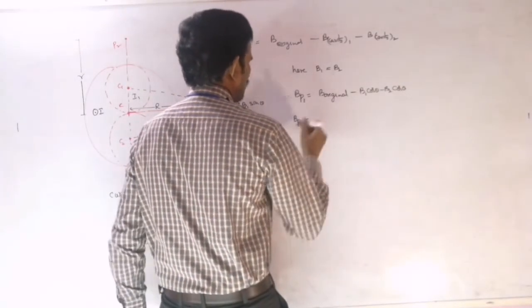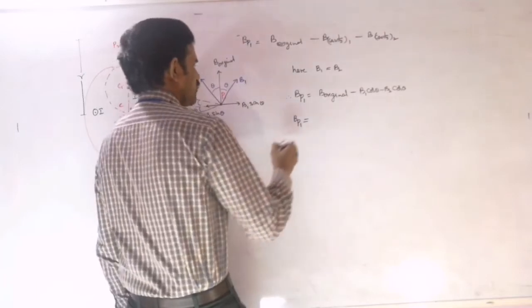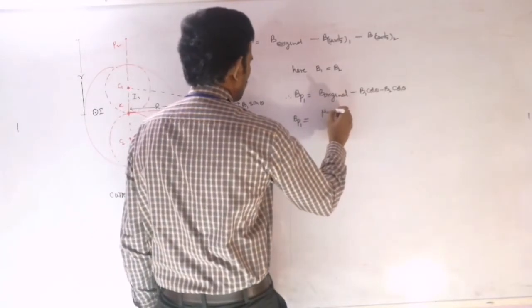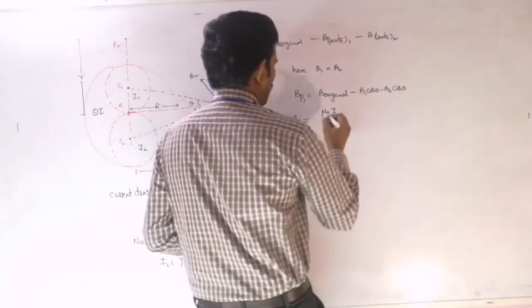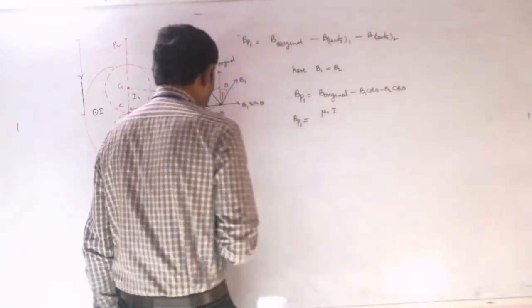Now you can substitute these values here. BP1 is equal to the magnetic field due to the original conductor, which we can write as mu naught I by, and this you need to calculate for the original also.